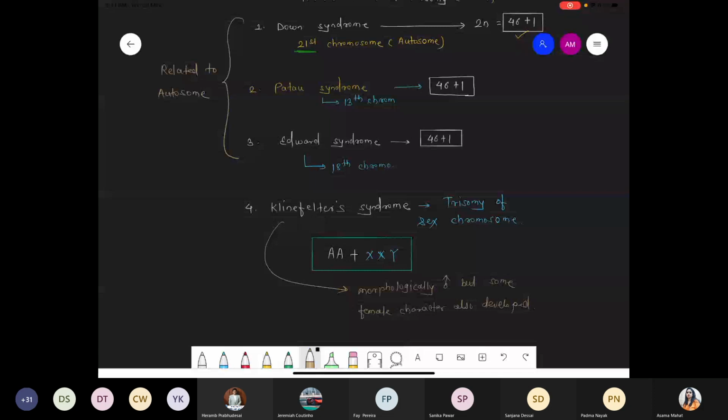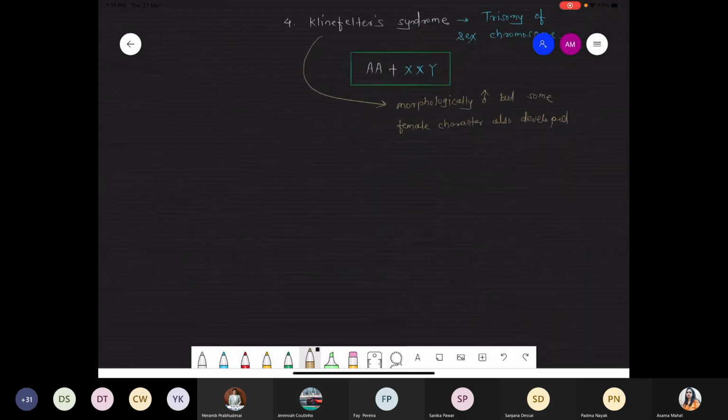Any doubt about hyperploidy? Okay, now the next condition, hypoploidy.